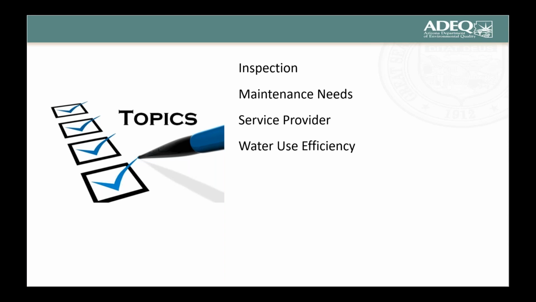We're going to consider water use efficiency and the impact that has on the septic system. We're also going to look at proper waste disposal, what you shouldn't be putting down the toilet, and where the appropriate disposal places for those other items are.